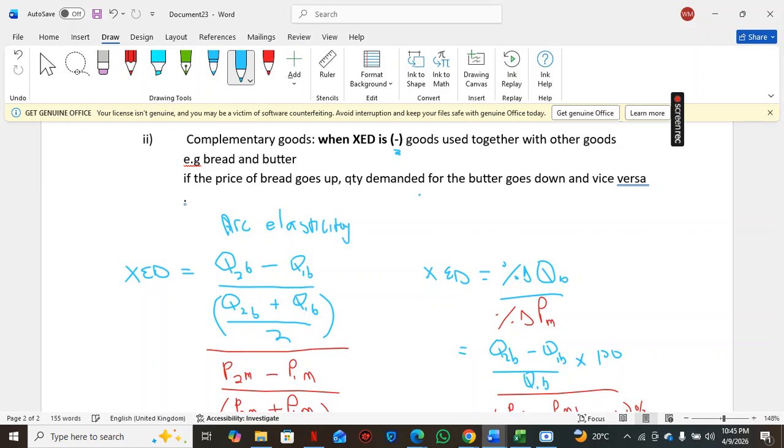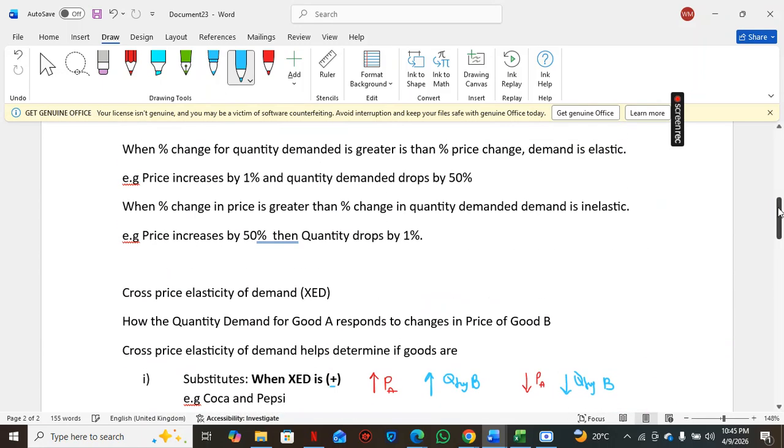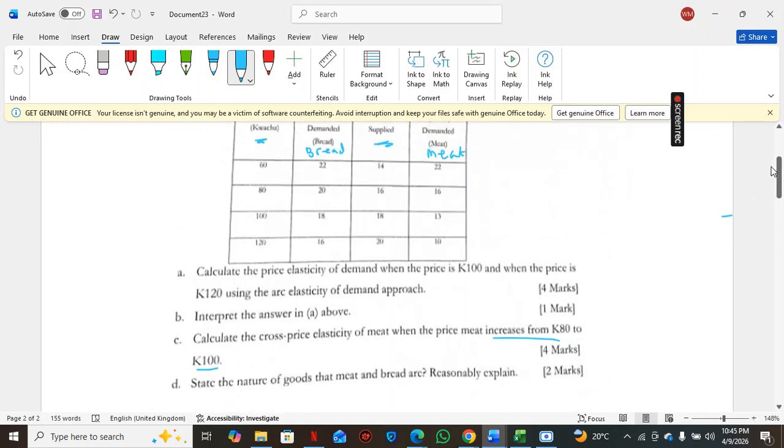So Q2, the new quantity of bread, we go to our table here. They're telling us the price of meat increases from 80 kwacha to 100 kwacha.